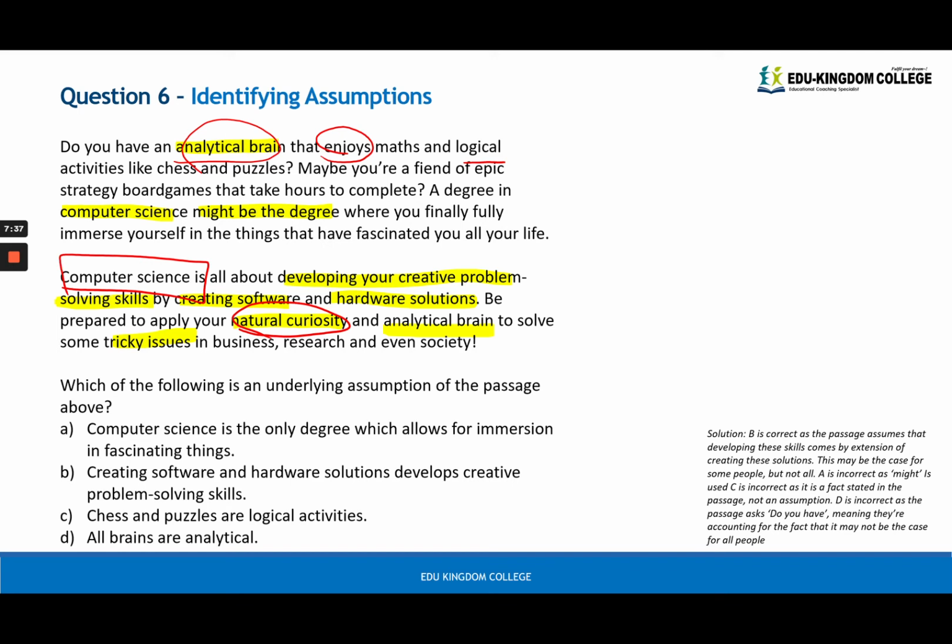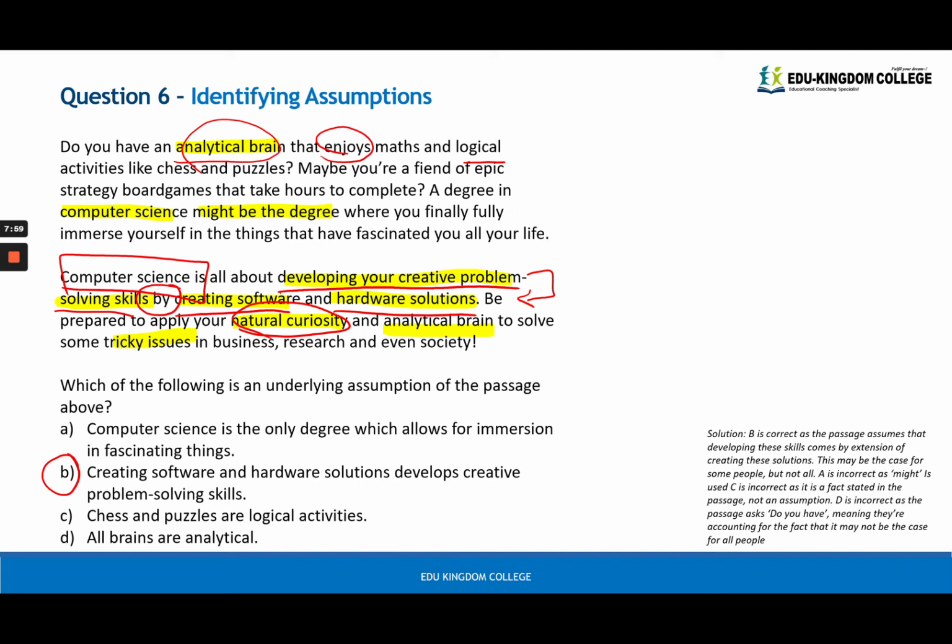So what is the underlying assumption? It's actually B. Creating software and hardware solutions develop creative problem-solving skills. So what they have done is they've actually linked it directly. Computer science is all about developing your creative problem-solving skills by creating software and hardware solutions. Now, this might not actually be the case, right?